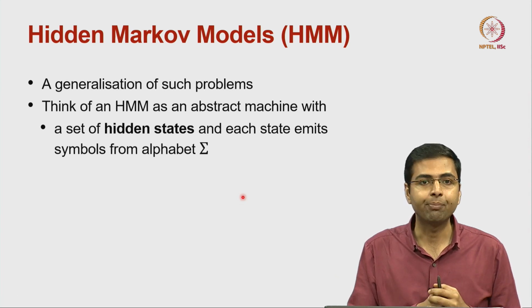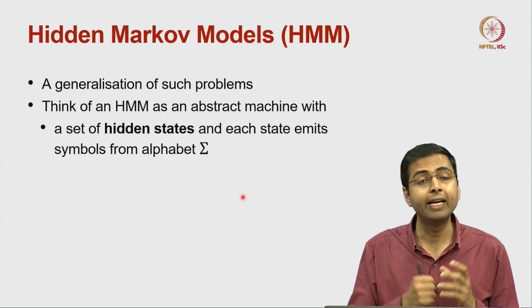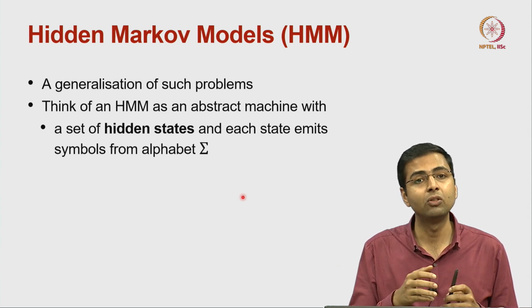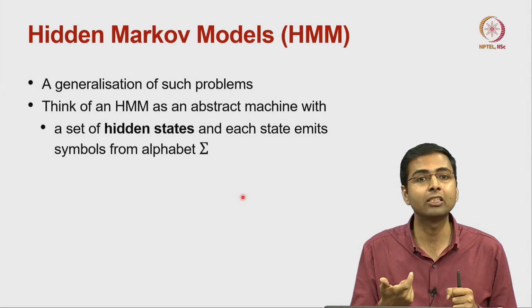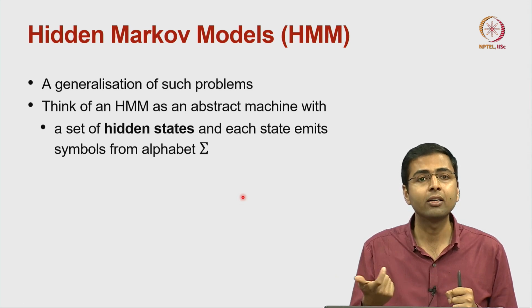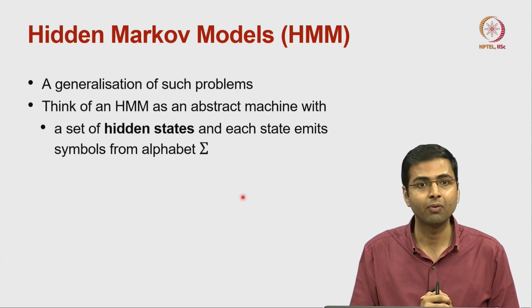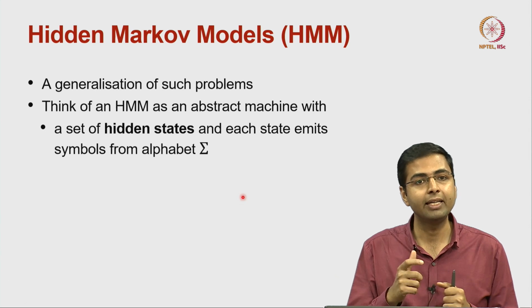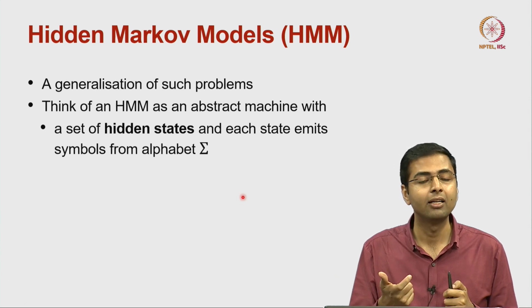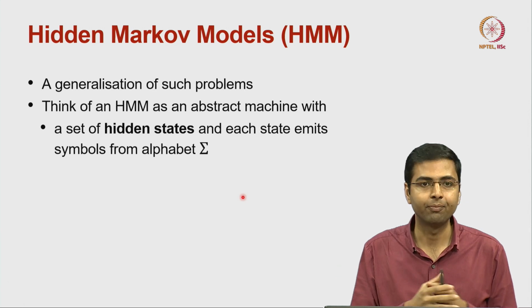In our previous example, where we were looking at the coin tosses, the hidden states were the fair and biased coin, that is the usage of fair coin or usage of biased coin. Those were the hidden states, and each state emitted either head or tail, that is, the alphabet was head, tail.